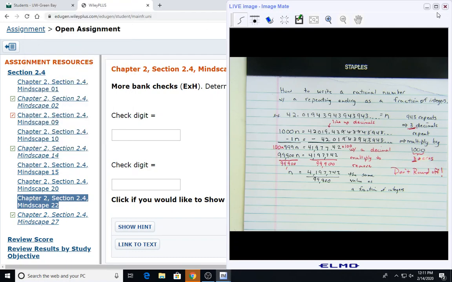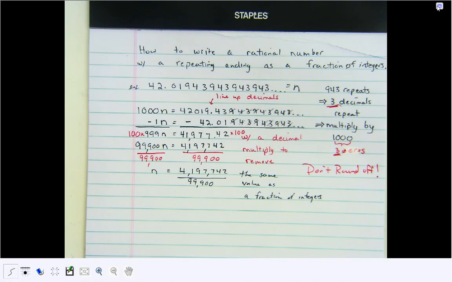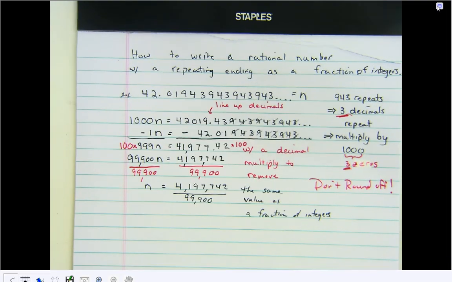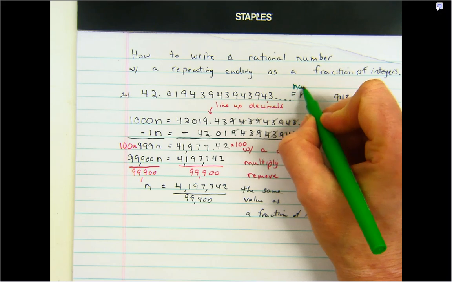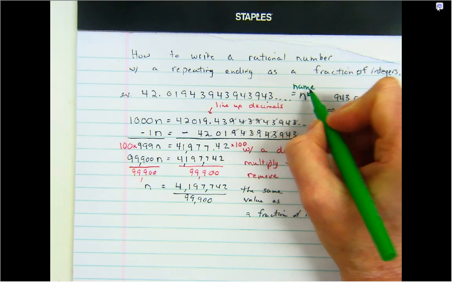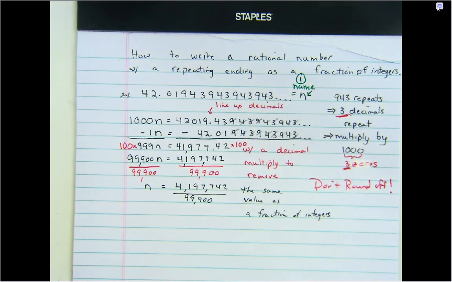So our goal here is to write repeating decimals as rational numbers in the form of a fraction. So we'll write down the steps we took in order for you to be able to go back and duplicate this. So we name our number that we're working with n.